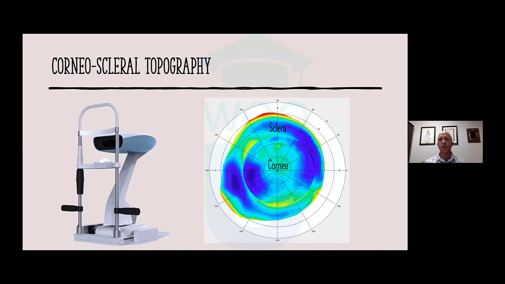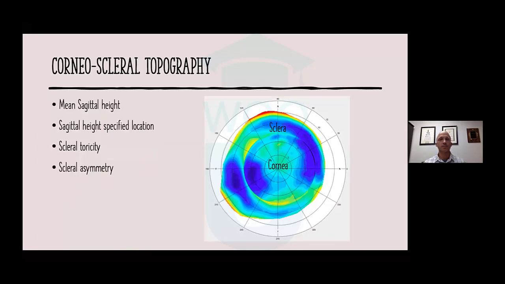And truly, this has been a game changer, both for us to be able to understand scleral shape, to measure scleral shape, to study scleral shape. But then, as you'll see, we can now use the measurements from the entire anterior ocular surface for lens design and customization.